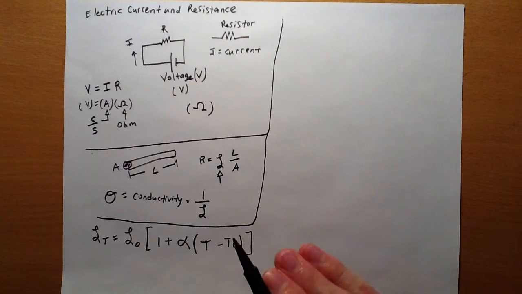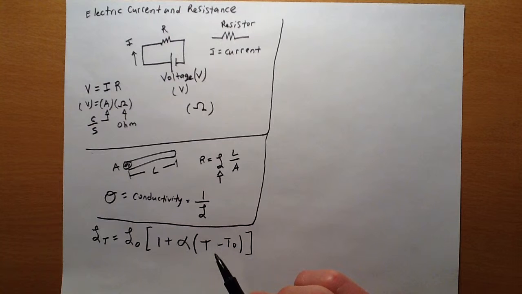T is not time, it's temperature. The resistivity of the material at temperature T naught is resistivity naught. Alpha will be given in the question. This T represents the final temperature of the system, and resistivity T represents the final resistivity of the system.